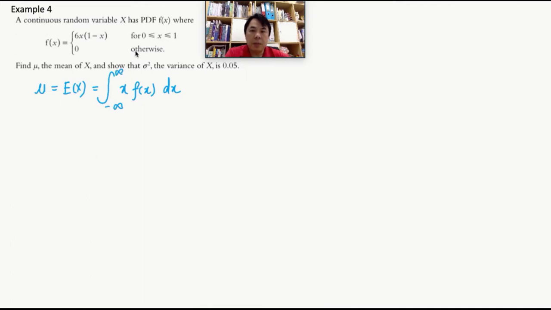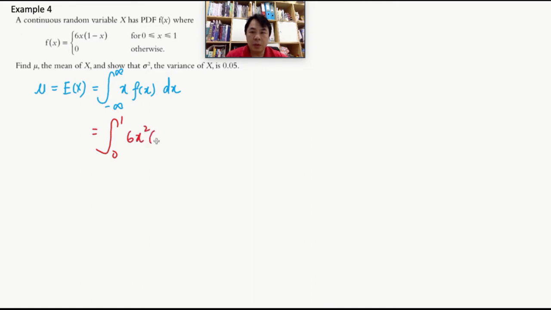Okay, right. But based on this context, the lower boundary is 0, the upper boundary is 1. So all we need to do is use 0 and 1, and then we're going to apply this function here to obtain its mean. So it's x multiplied with the function here.